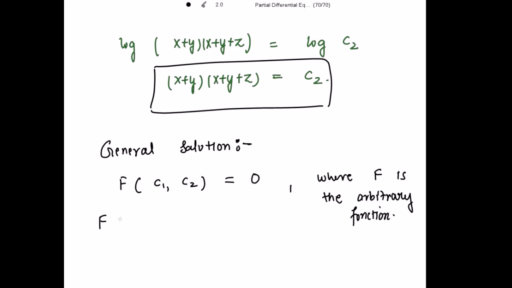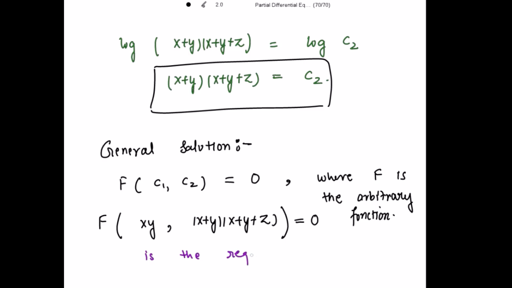So this is f of, what is C1? It is xy, and what is C2? It is (x + y)(x + y + z), to be equal to 0. So this is the required solution.